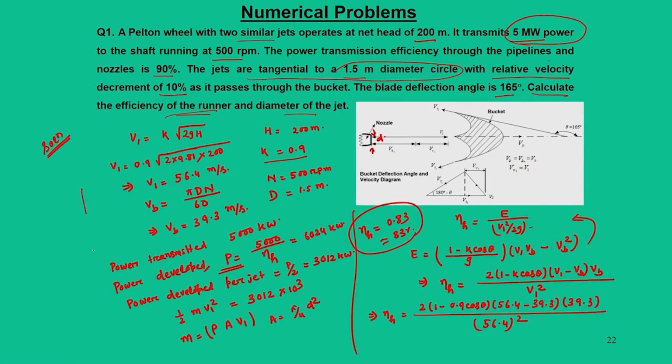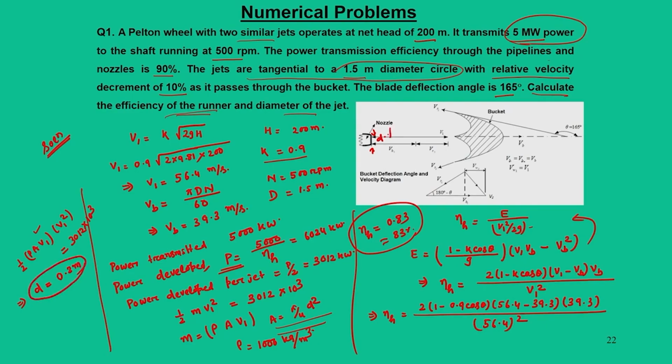So, we can rewrite this equation as half rho A V1 into V1 square equal to 3012 into 10 to the power 3. We know V1, and we have A as pi by 4 d square. Putting this number and density of water rho as 1000 kg per meter cube, one can find out the diameter of this jet as 0.2 meter.